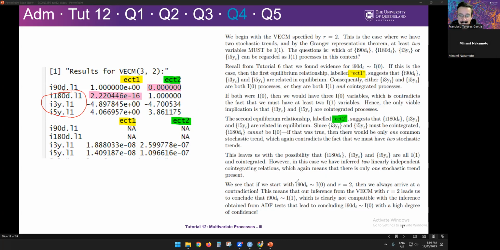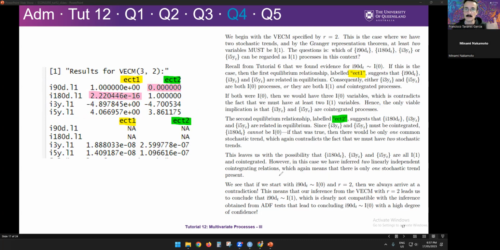We see that if we start with I90 being an I0 and r equal to 2, then we always arrive at a contradiction, right? And this means that our inference from rank r equal to 2 leads us to conclude I90 equals 1, which is clearly not compatible with what we did in tutorial 6, where we found that I90 is an I0 process. So it will happen sometimes that they will contradict each other.